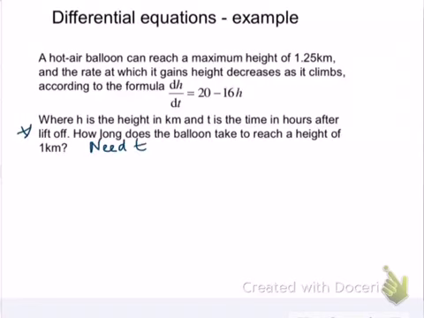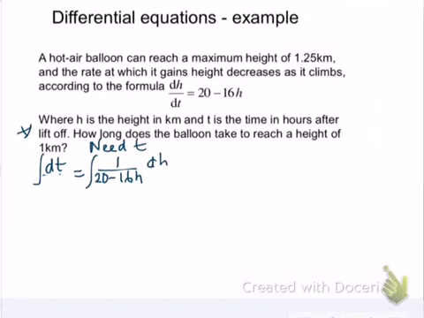Right, so using this information, I know that dh/dt equals 20 minus 16h. So therefore, if we need t, I can write that dt/dh is equal to 1 over (20 - 16h). And if I integrate both sides, I can get a function for t.